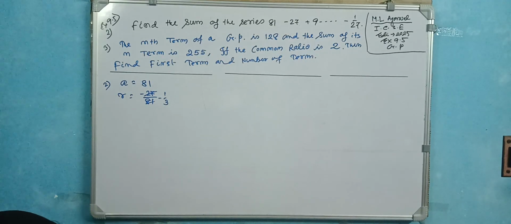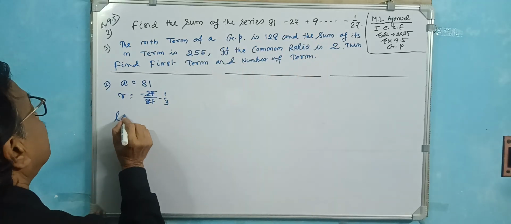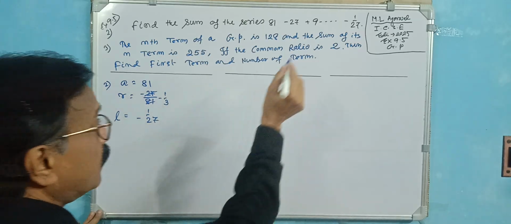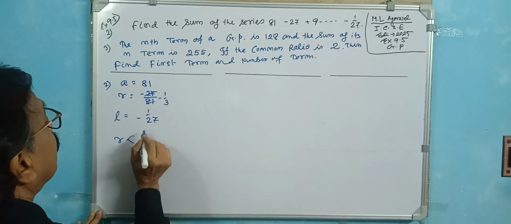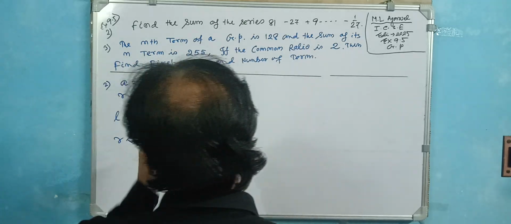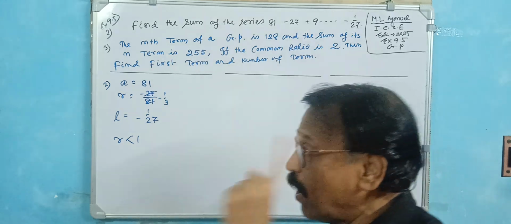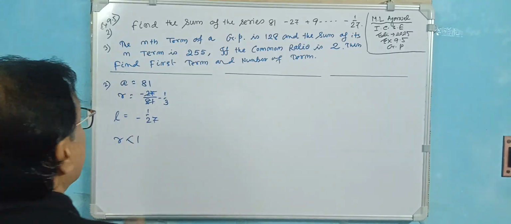And l is the last term, which is minus 1/27. Here you see r is less than 1, because it is minus 1 by 3, so it is less than 1.